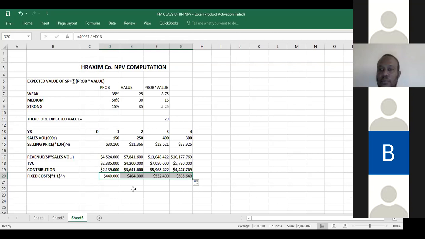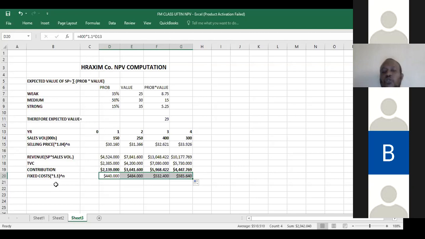Sometimes the question might be that if you're inflating from year two, you already have year one inflated. So it might give you a fixed cost in year one. Please just be careful. I'm just looking at the different things that the examiner might say or that an exam question might say. So if the fixed cost is given to you in the question as the fixed cost in the first year, however, there will be inflation of so much per year.